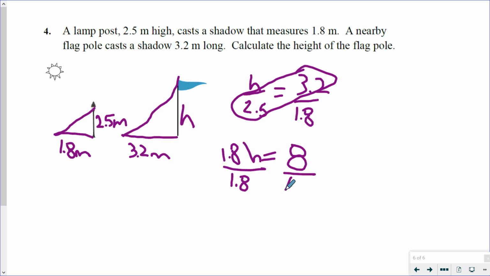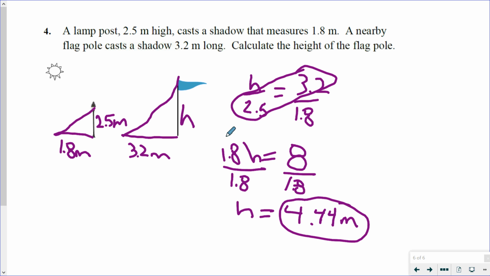What you do to one side, you must do to the other. And so h is equal to 4.44, and in this case, we had to round. So the height of that flagpole is approximately 4.44 meters tall.